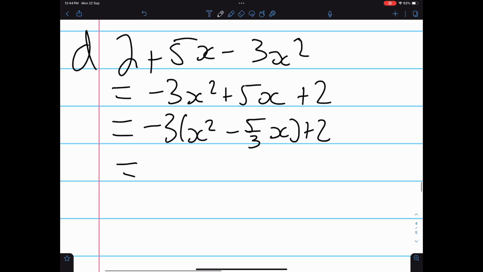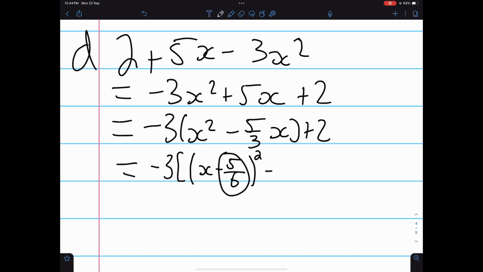Then you do a square bracket. You complete the square by halving the coefficient of x, and we're doing this by doubling the denominator. We add a squared, then we must minus the square of that thing, of the halved coefficient of x.